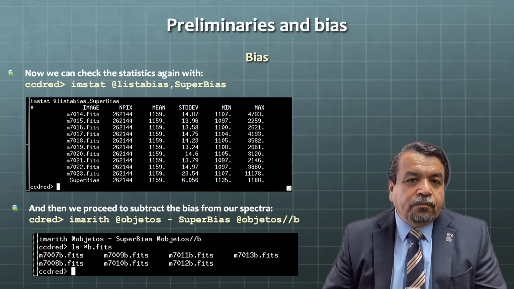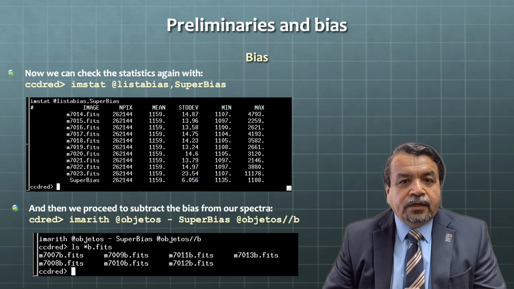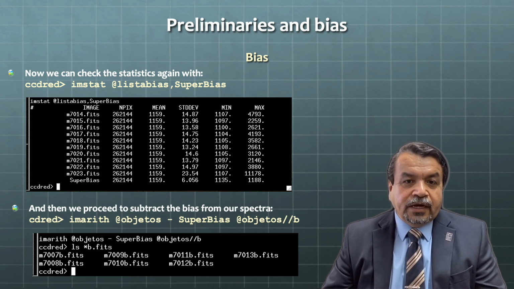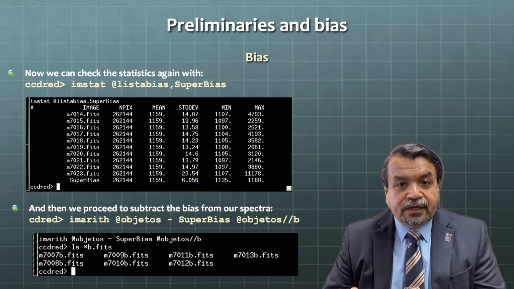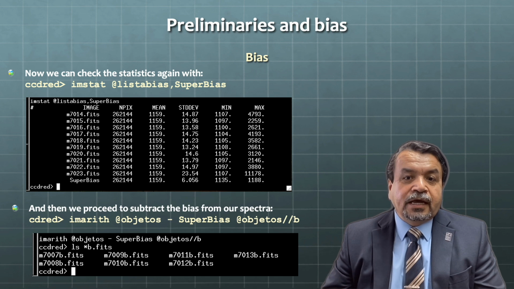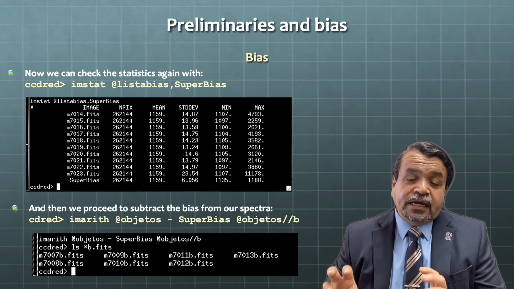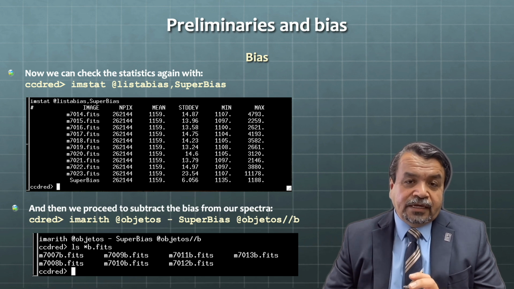So here, for example, I executed this command imarith, which is short for image arithmetic. I provide it with the input objects minus the super bias, and the outcome will be objects diagonal B, which indicates that it will append the letter B to the end of each file name.